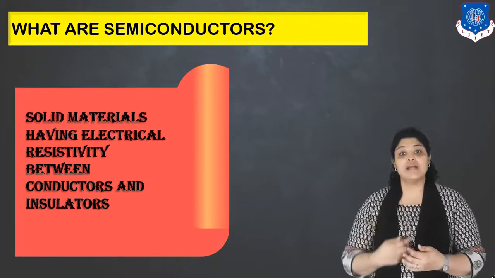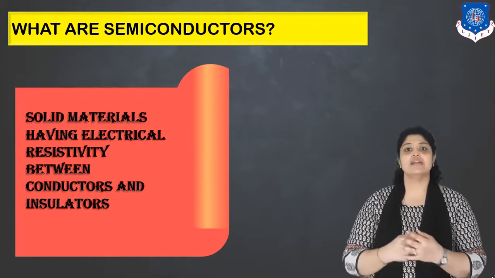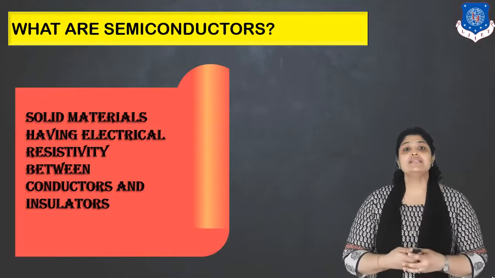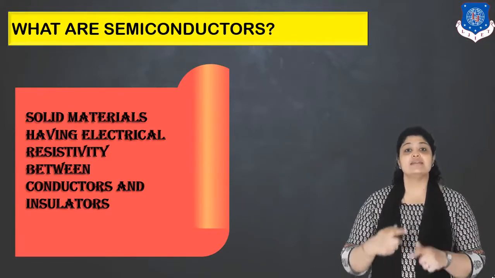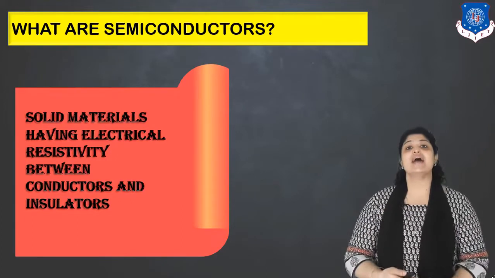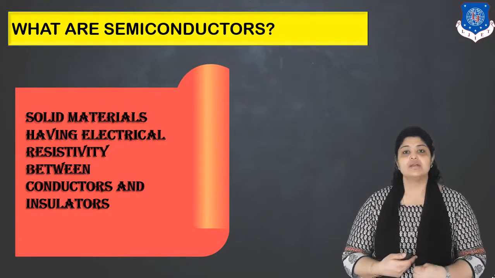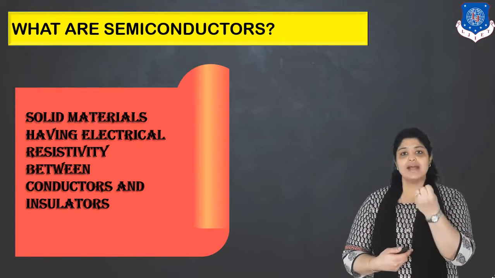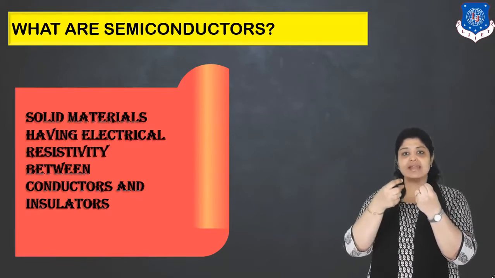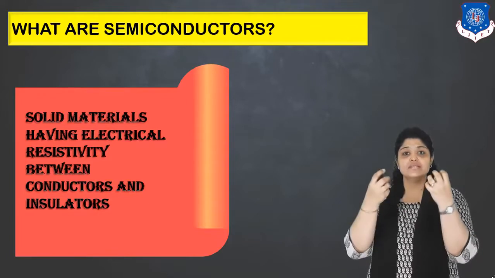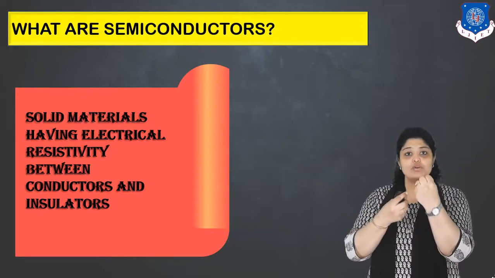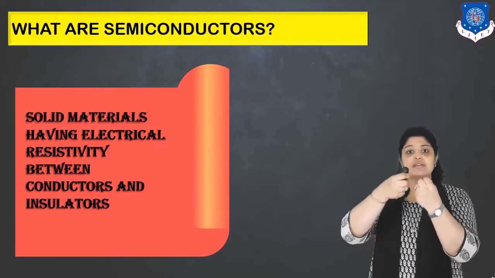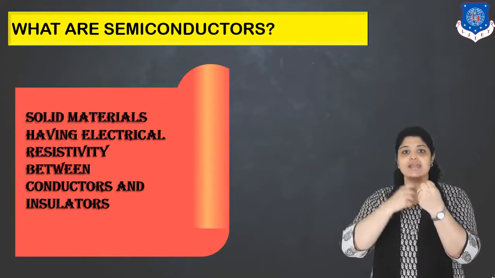Looking at the valency of these materials, the outermost shell, that is the outermost orbit, has 4 electrons. So just consider one atom and the second atom. What exactly happens in semiconductors? The outermost orbit of this atom, that is these 4 electrons, they share with the electrons of the second atom.